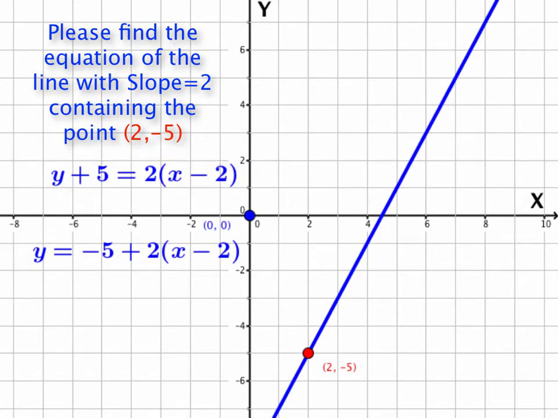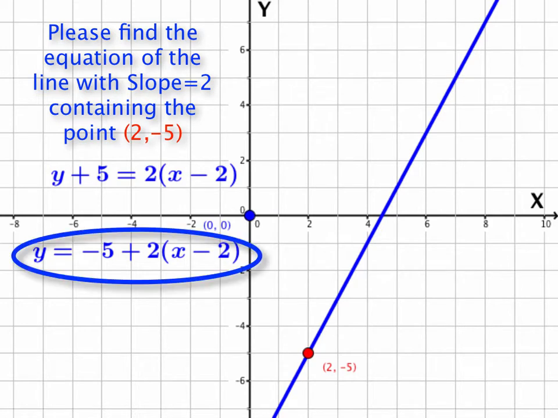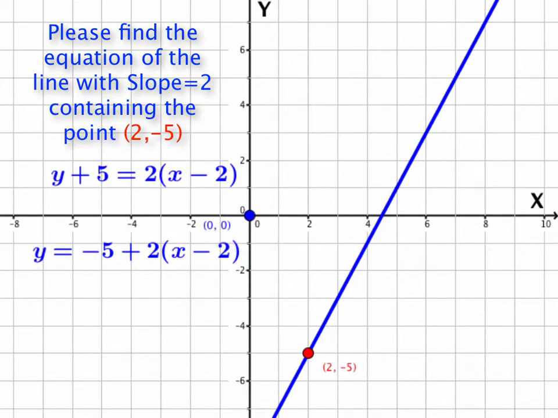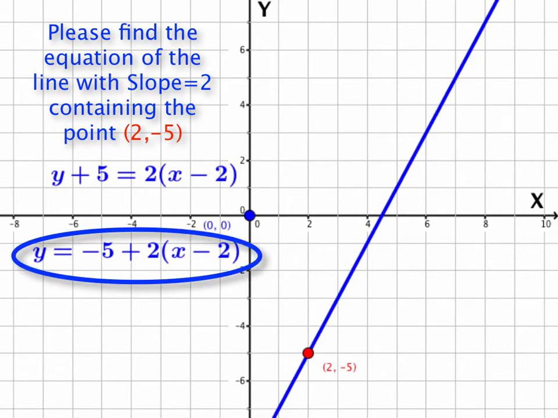This form of the equation in y-equals form looks very similar to our slope-intercept form from before. But of course, -5 is not our y-intercept in this case. But you can think of this as saying, well, y starts at -5 when x is 2, and then grows at a rate of 2 every time our x value increases by 1. So very similar to the slope-intercept form of a linear equation, just a little bit different.